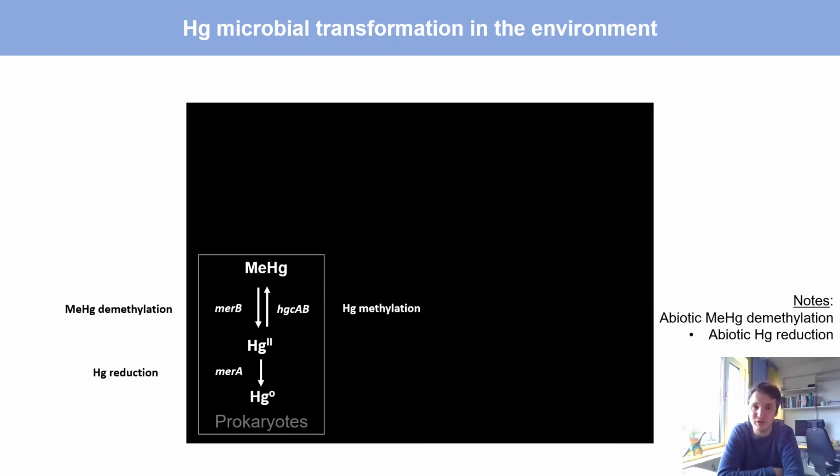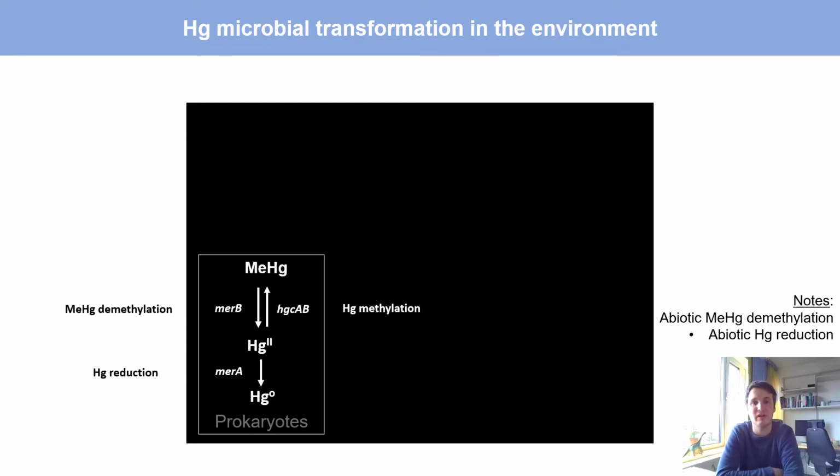Part of the transformation of mercury is mediated by microbes that are able to transform either divalent mercury into methyl mercury or divalent mercury into volatile mercury. And those transformations are done because those microbes have in their genomes genes involved in that metabolism.